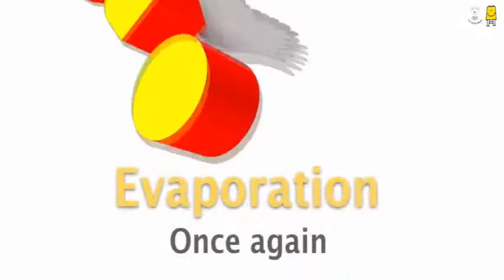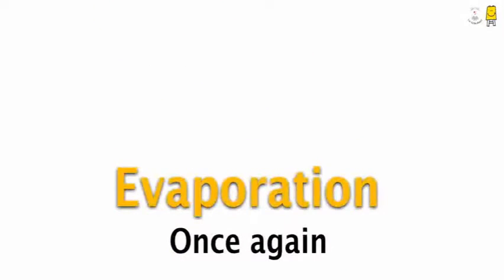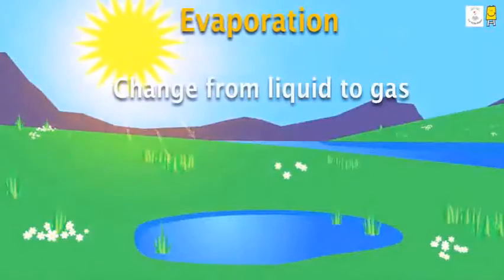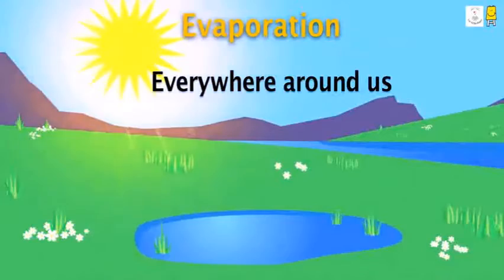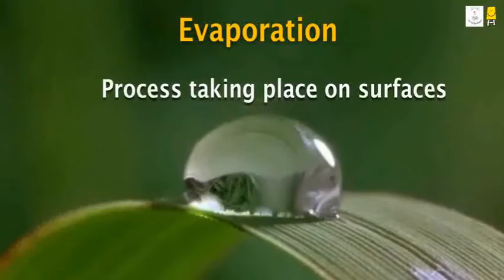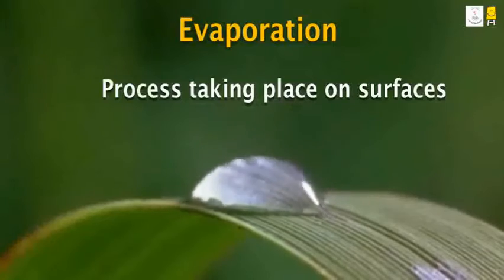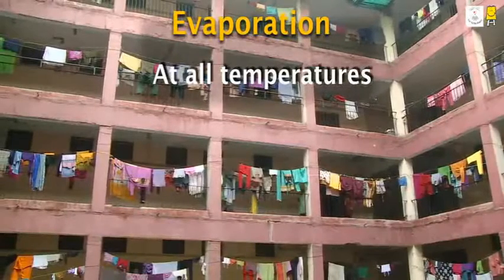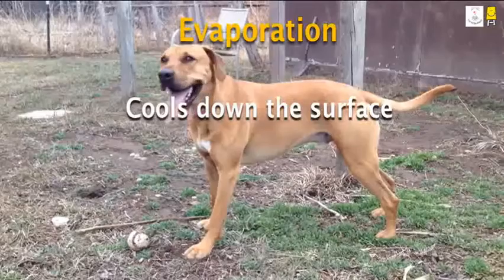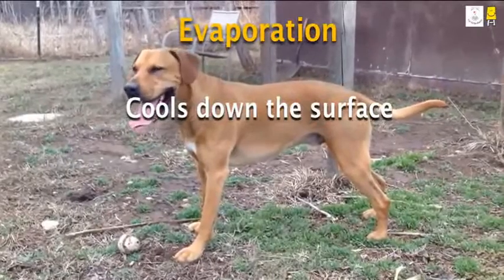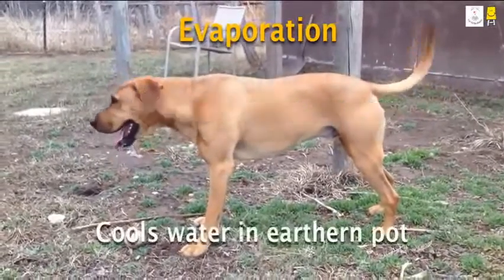Come on, let's have a look at evaporation again. Evaporation means changing of liquid state to gaseous state. Evaporation takes place all around us. This is a process which takes place at the surfaces. Evaporation takes place at all temperatures, and the heat is less at the surface on which evaporation takes place, which means it becomes cooler.